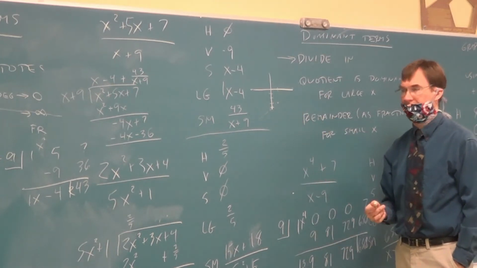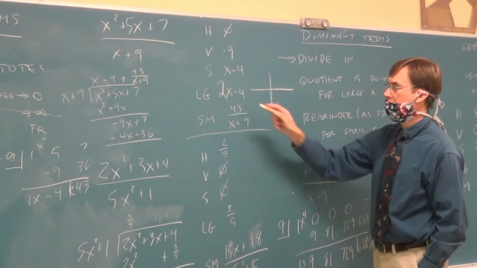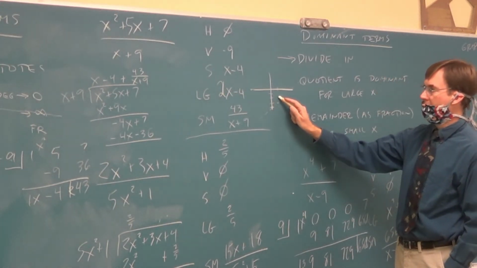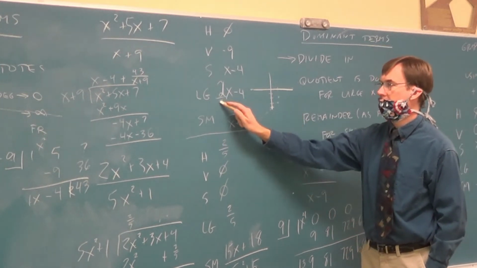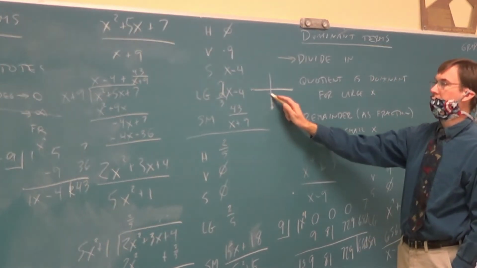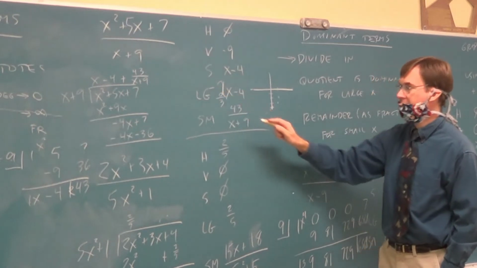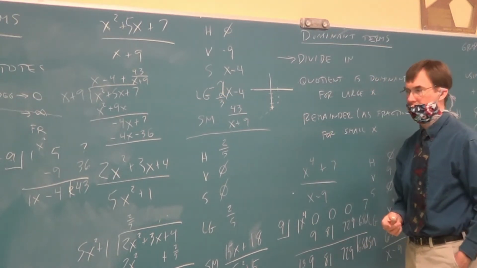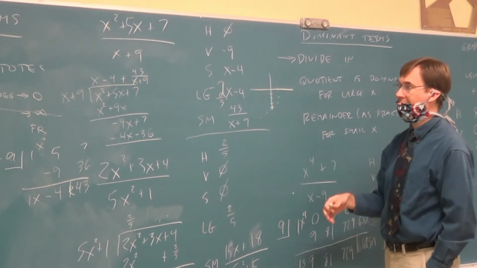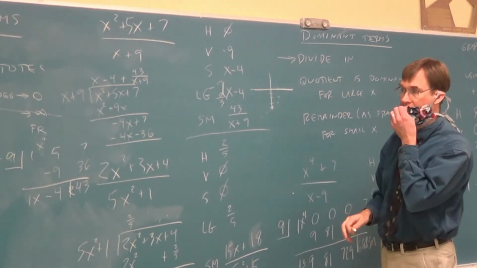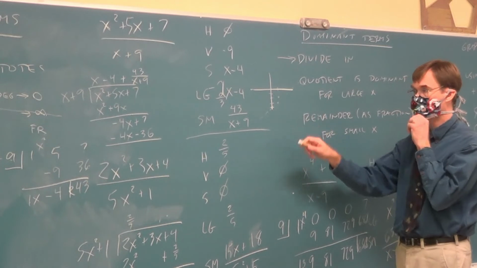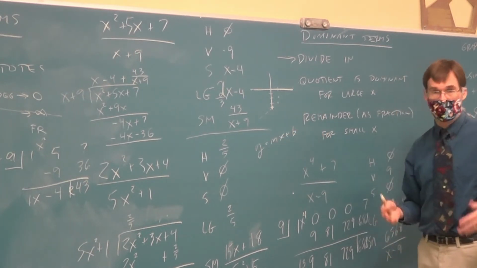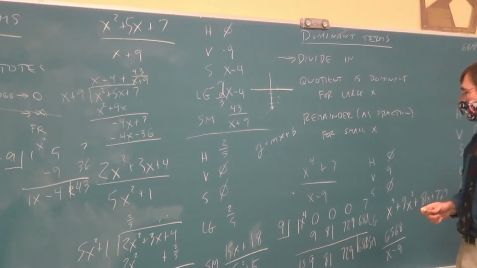What if this were 2x minus 4? Up 2 over 1. What if it was 2/3? Up 2 over 3. What if it was negative 2/3? Down 2 over 3, and so on and so forth. Okay, so we are going to have to graph some lines in this. The slant asymptotes will always be lines, and we can just graph them with our y equals mx plus b kind of skills.